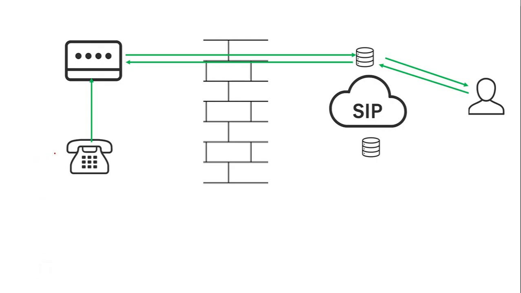Okay, let me switch to a different color here. In this scenario, we've got this user who wants to make a call to the bank. This is the account manager here at the bank. So this user is going to signal to the Mitel that it wants to make an outgoing call, and Mitel is going to send the signal to the provider.